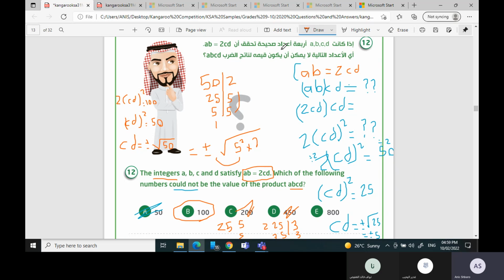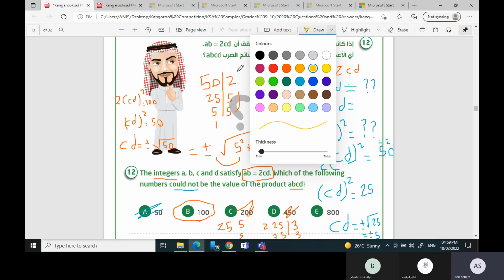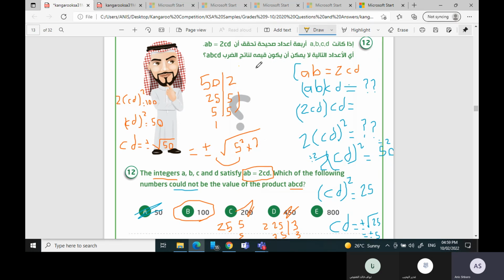800, the final one. Let me change the color. Okay, 800 divided by 2 is 400. Radical 400. We'll start with 2, decompose it. First of all, divide by 2, 200, and 2, 100.